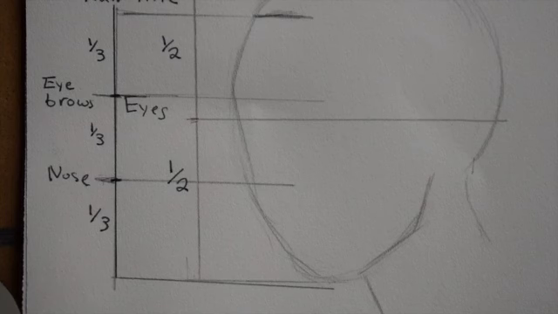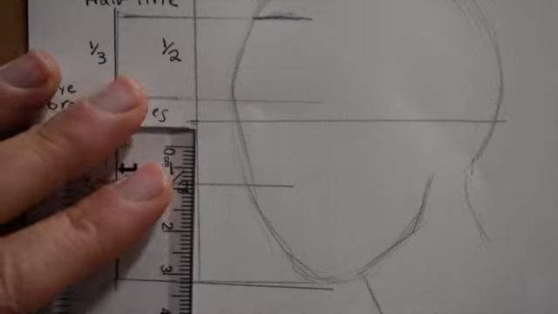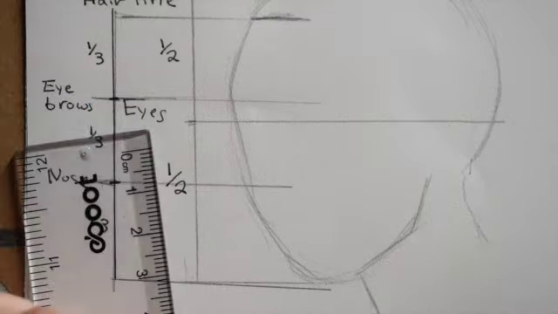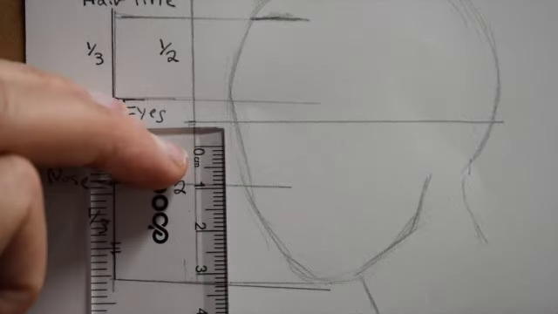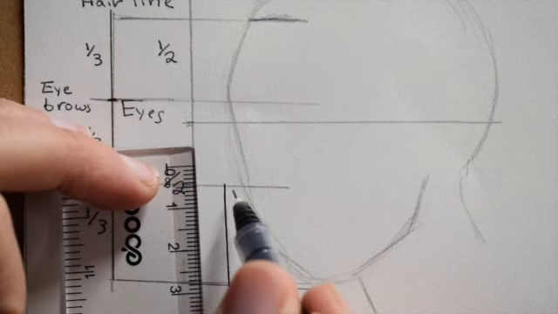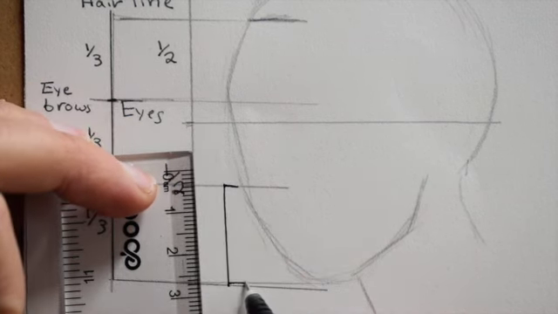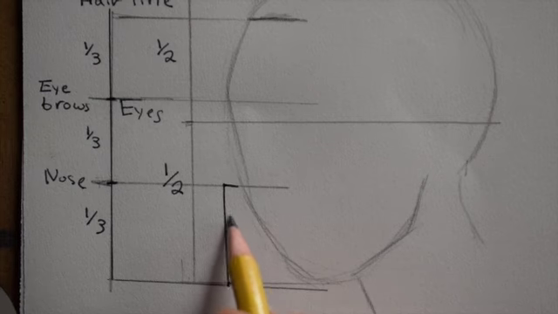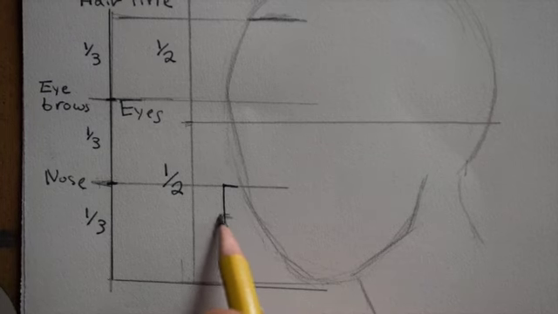Okay, so we're going to do this for the rest of the faces, so the other 2 faces. So taking that nose line, and I'm going from the nose line down to the bottom of the chin, and I'm dividing it into thirds. And I'm outlining it with pen so you guys can see it clearly. So there it is, that bracket from the nose line to the bottom of the chin, and I have to divide that space into thirds.